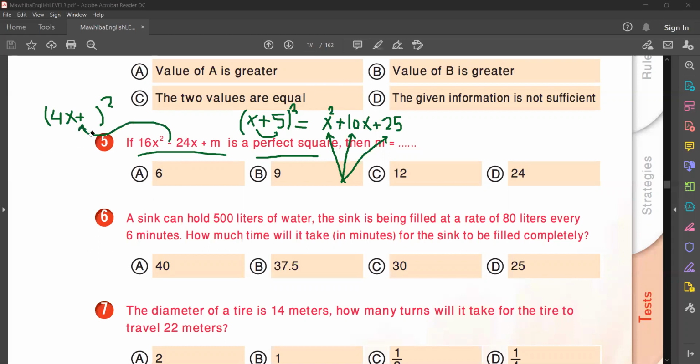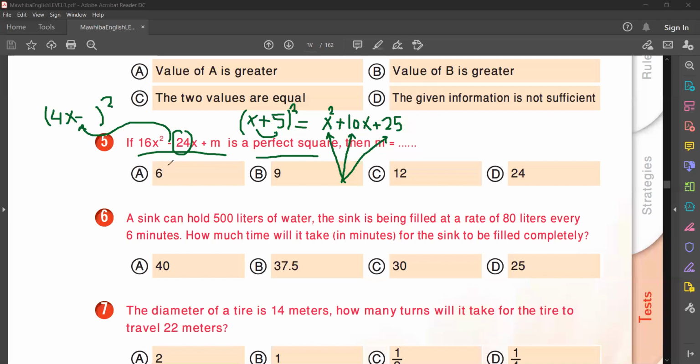Don't forget, please. Pay attention to write the sign minus. How do I find the 24? Yes, 4 times something times 2 equals 24, right?